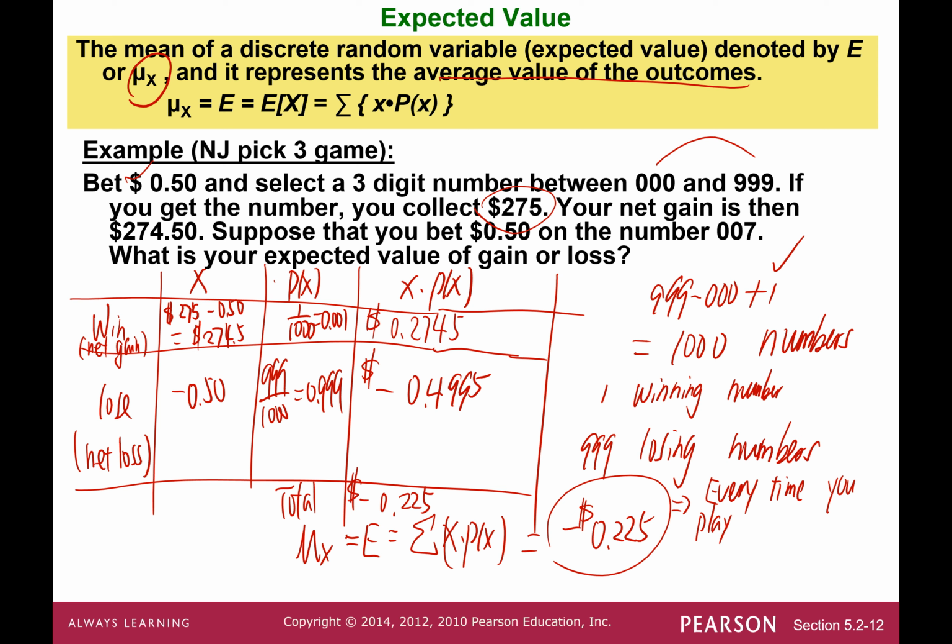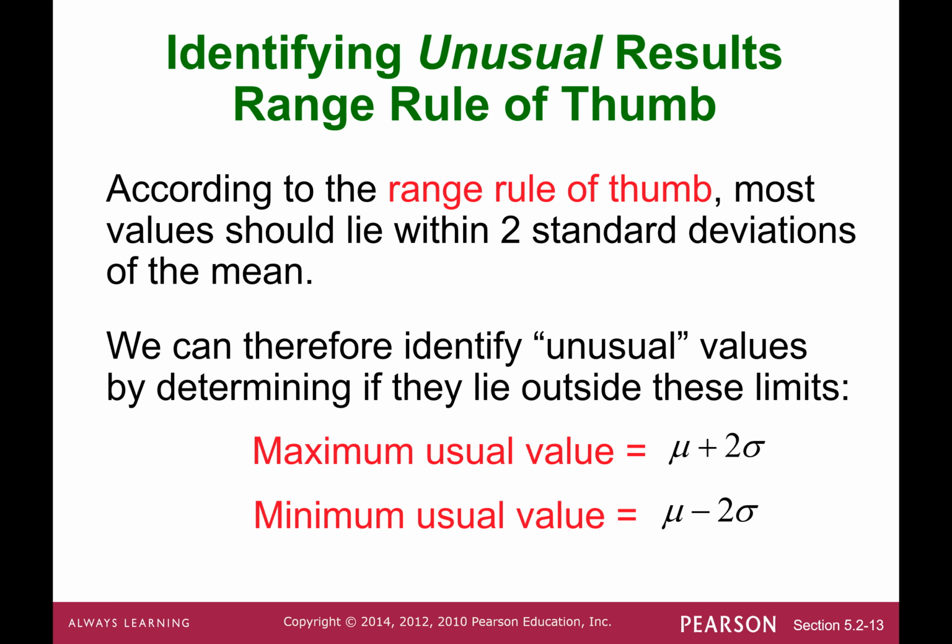Every time you play the game, you expect to lose 0.225. Okay, that's the meaning of this expected value. It gives you the average value of the outcomes.